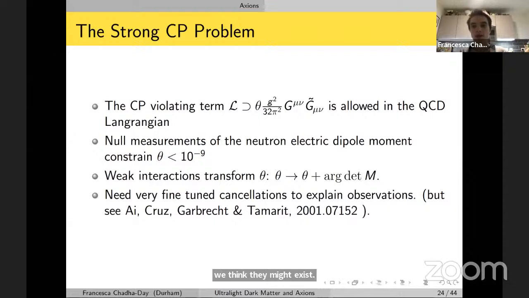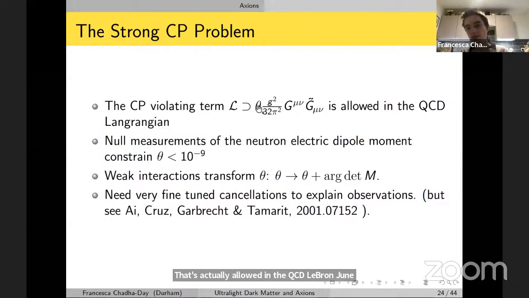So you may have heard of the strong CP problem, which is telling us that there's a CP violating term here that's actually allowed in the QCD Lagrangian.